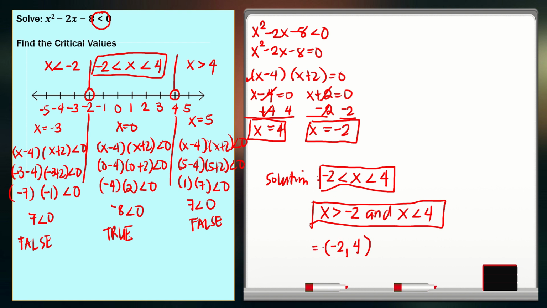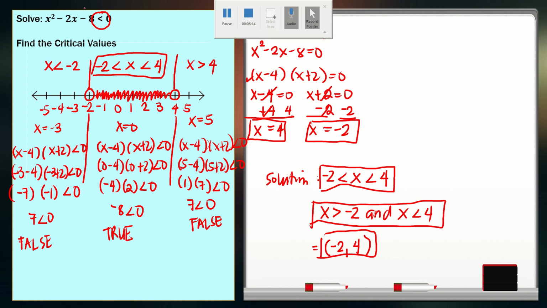Or by means of a graph, you just highlight the second region that represents the solution set. So these are the numbers that are the solution to our quadratic inequality x squared minus 2x minus 8 is less than 0.